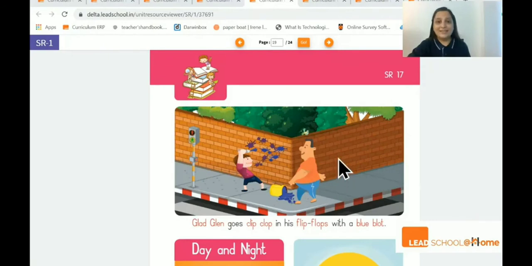Now look at this sentence. You know what's happening in this picture? Yes, Glad Glen is walking in his flip-flops which have a blue blot. Let's read this. What is this? Yes, glad. And this? Glen.